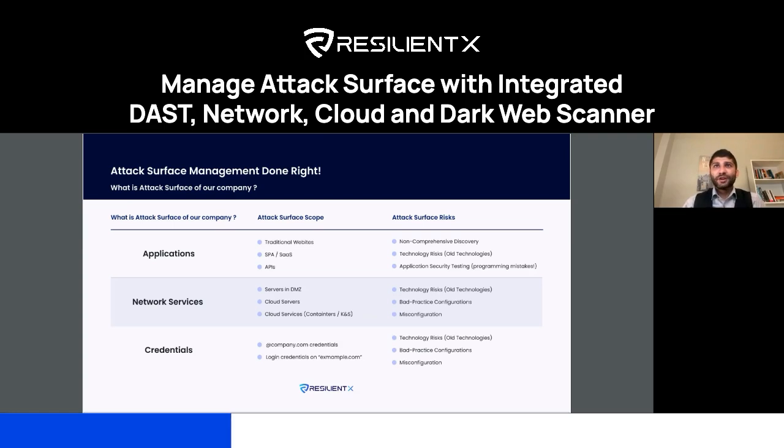And on the other hand, we have the credential side. There are problems similar to those related to network services. But what we are talking about with credentials here is not only, let's say, our email addresses, but also the credentials related to our services.